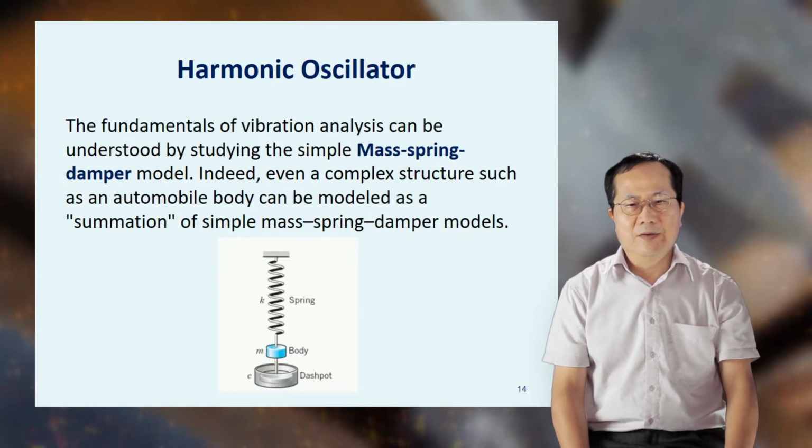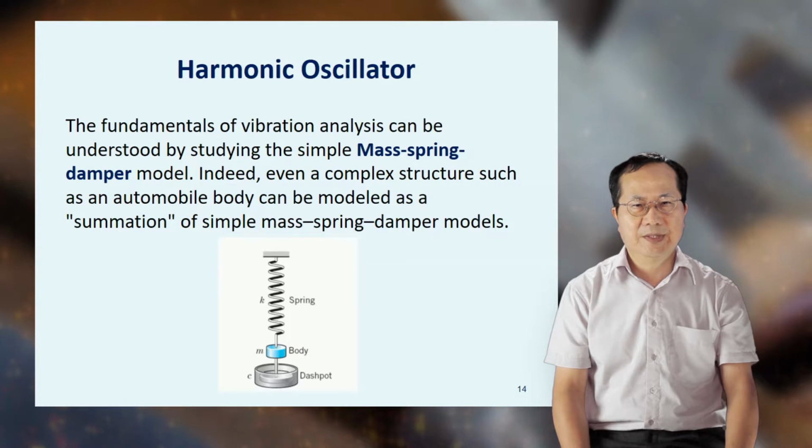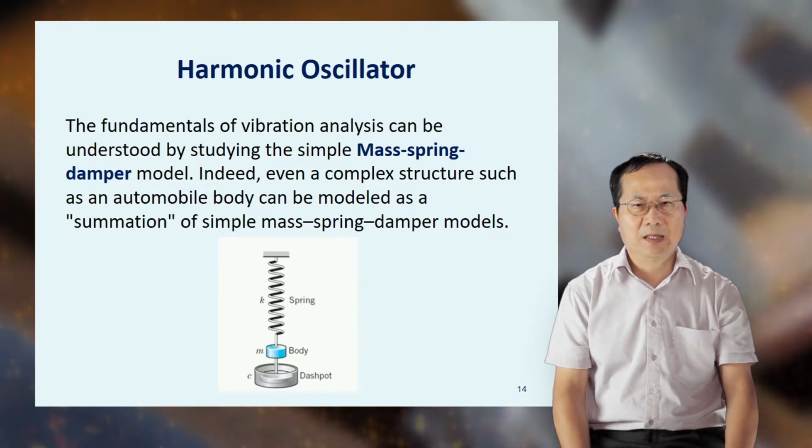The fundamentals of vibration analysis can be understood by the simple mass spring damper model. Indeed, even a complex structure such as an automobile body can be modeled as a summation of simple mass spring damper models.